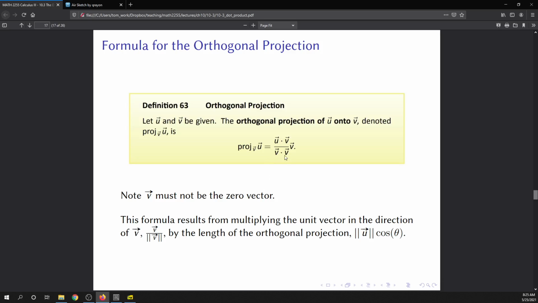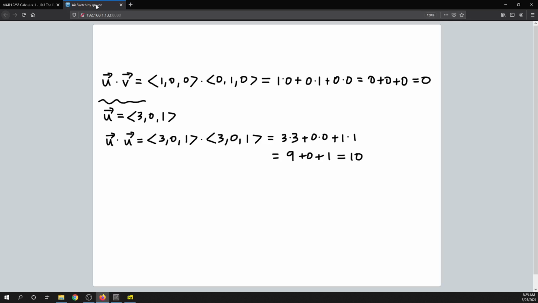So now, where did this formula come from? This formula results from multiplying the unit vector in the direction of v by the length of the orthogonal projection. Okay. So let's see if we can take a look at that.